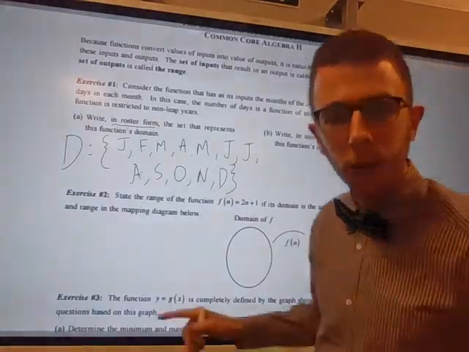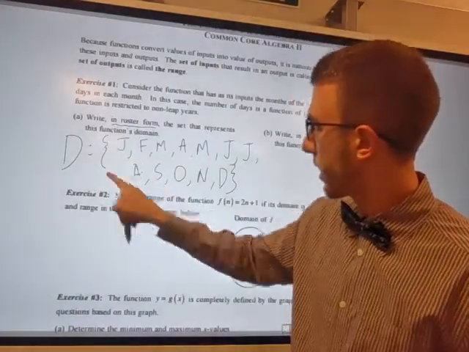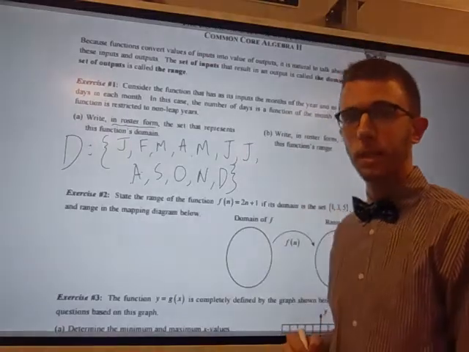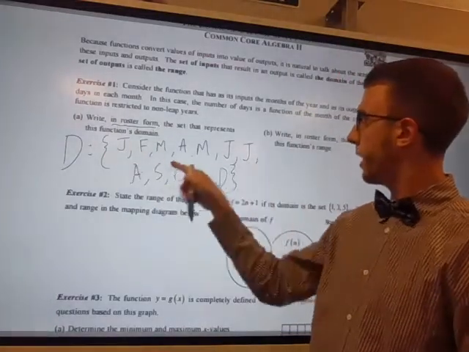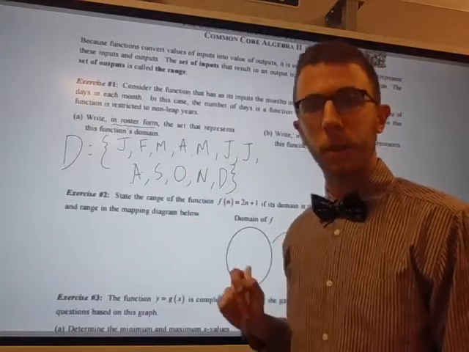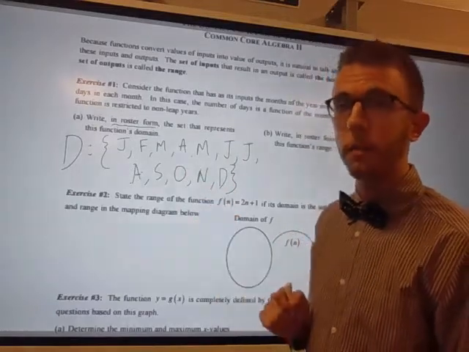I hope you guys can make these squiggly brackets. They're really quite fun if you get the hang of it. So this is our domain. There are exactly 12 inputs for this function, because there are 12 months of the year.